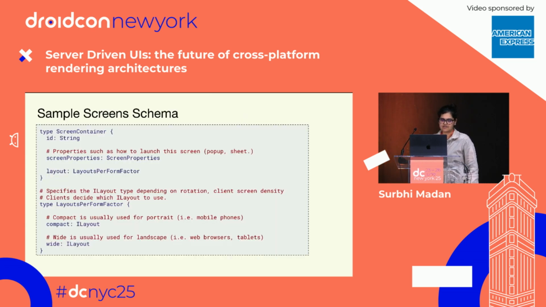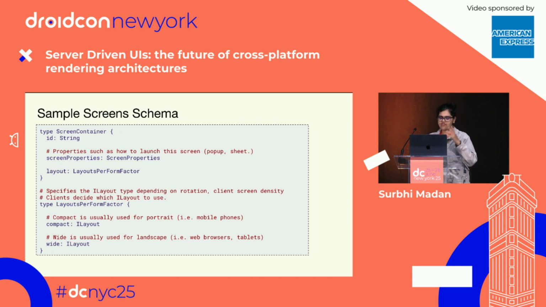And then here's a sample screen schema from the response. Unlike sections, which should be isolated components that can be put anywhere on any screen, screens have a little more layout information.